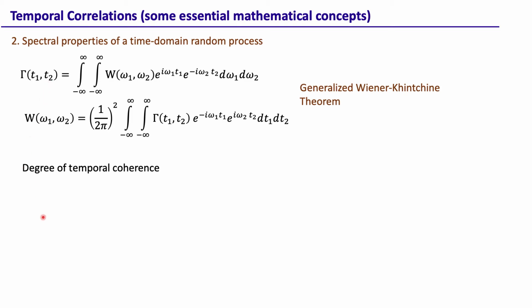We define it as a quantity called small gamma(t1, t2), and we take the cross correlation function gamma(t1, t2), this just is a way of normalizing it, and then we divide it by gamma(t1) and gamma(t2) and take the square root.